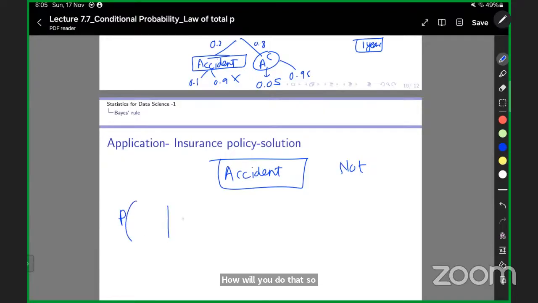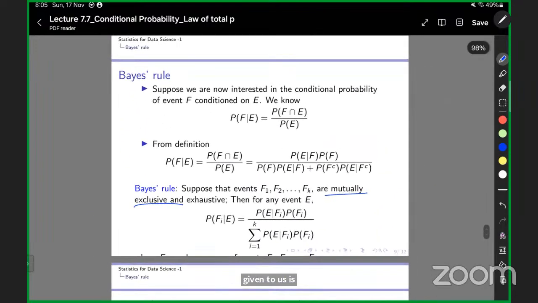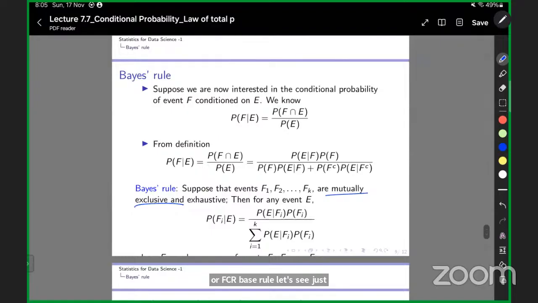Given to us, or if we see our Bayes rule, let's see, we just went through it.